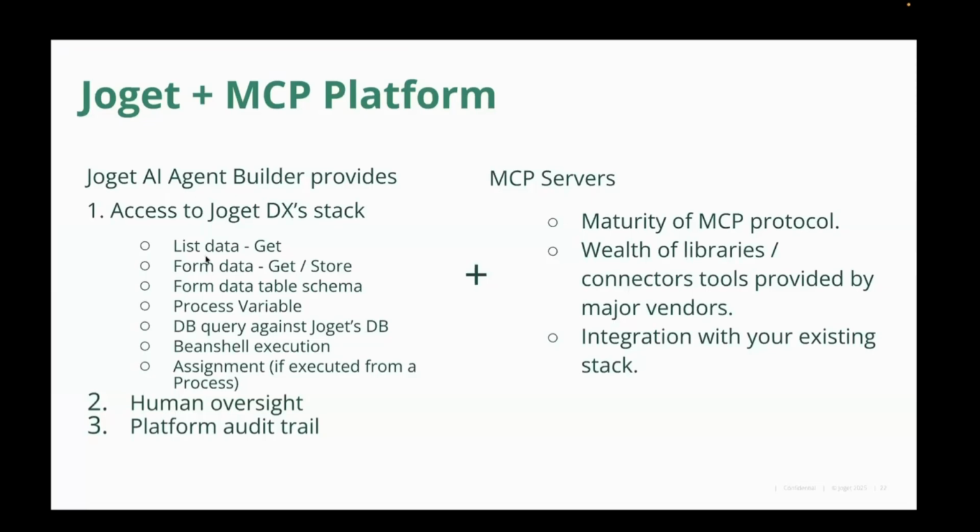We make use of list data and form data, and we have also shown the various ways in which we can invoke the AI agent builder. It can be through the builder itself when we are building, through a chat interface, or through the process builder. So there are various ways to make use of the agent builder.